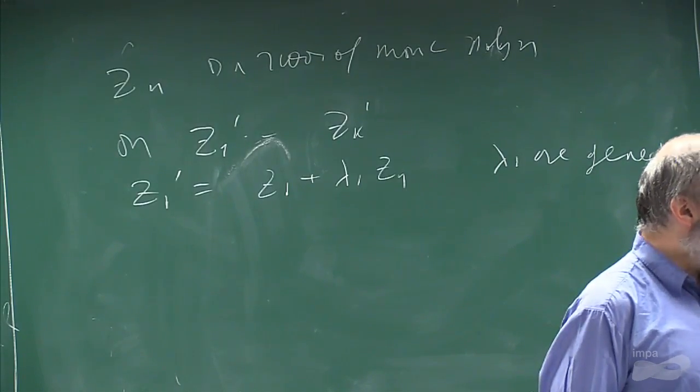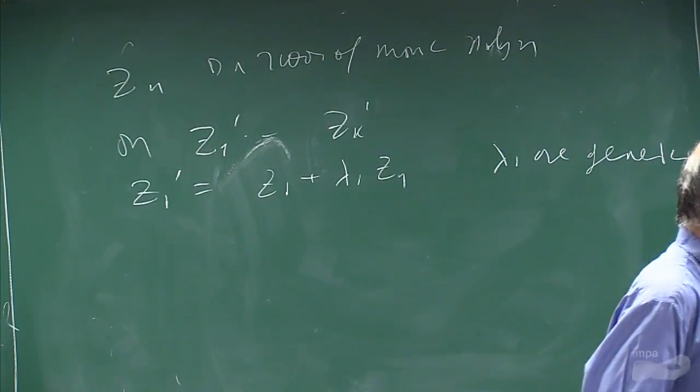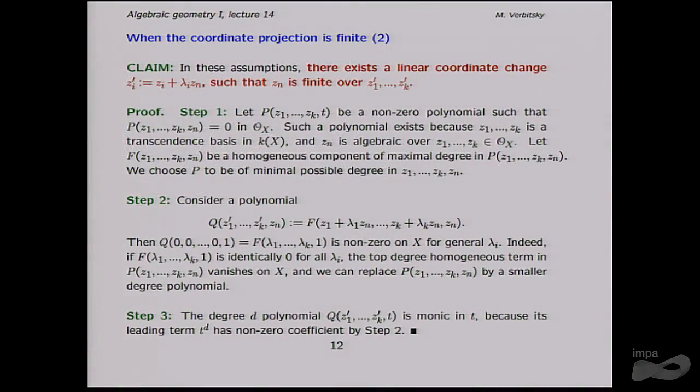Okay. So now I'm going to prove that. So this was the assumptions. Let's do step one. I pick a polynomial P of z1 through zk and t, a polynomial such that P of t equals zn equals 0.